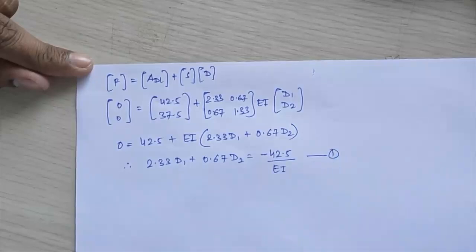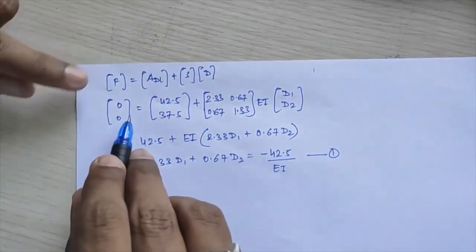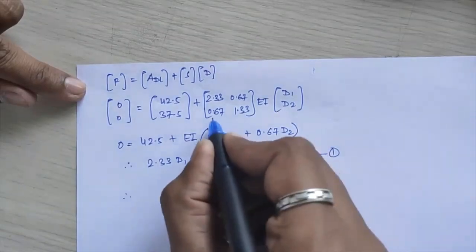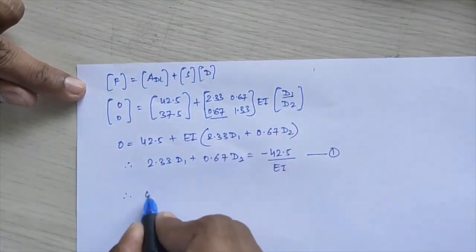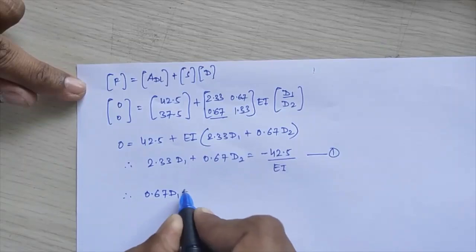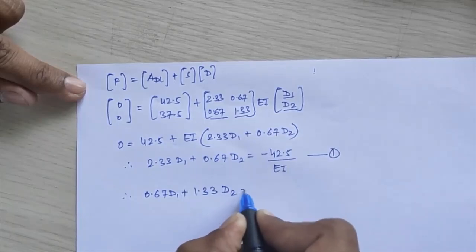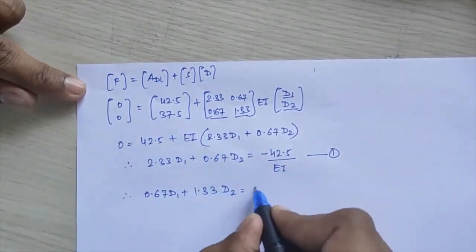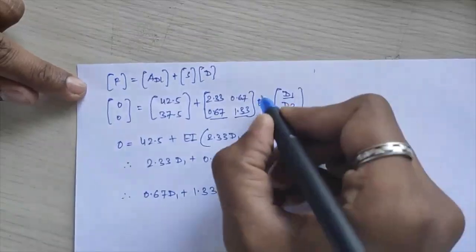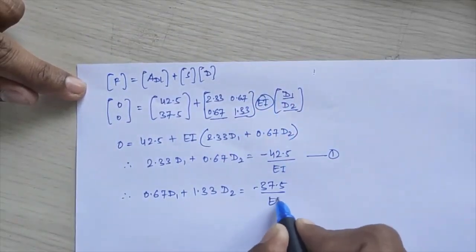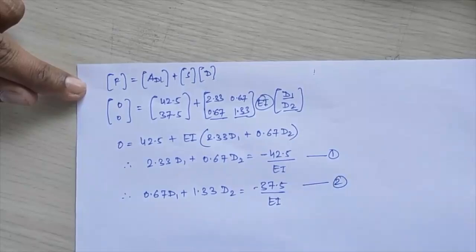I'll call this equation number 1. Same way for the second equation, 0.67 of D1 plus 1.33 of D2 is equal to minus 37.5, with EI divided. This will be my equation number 2.